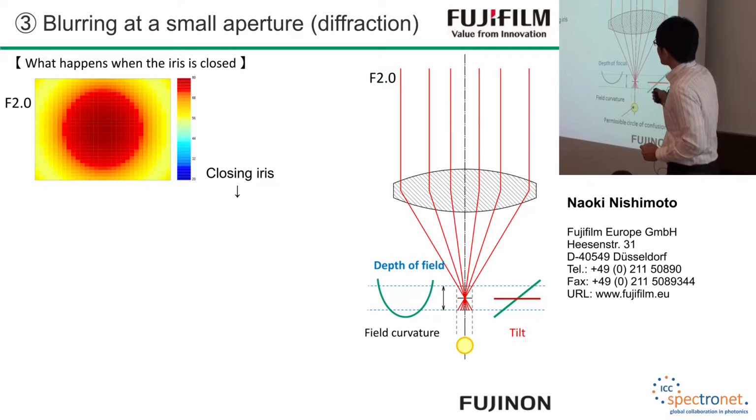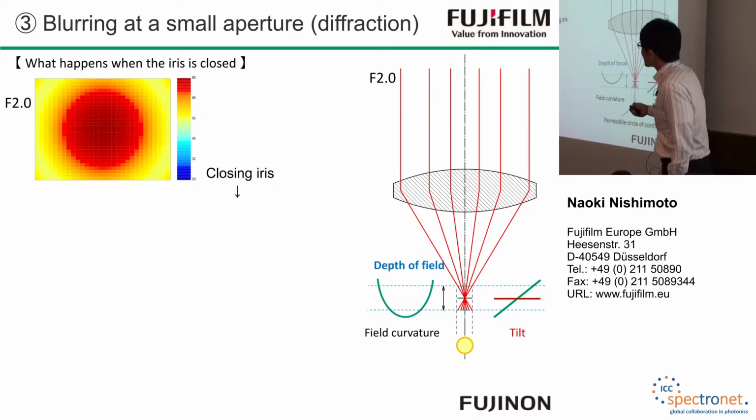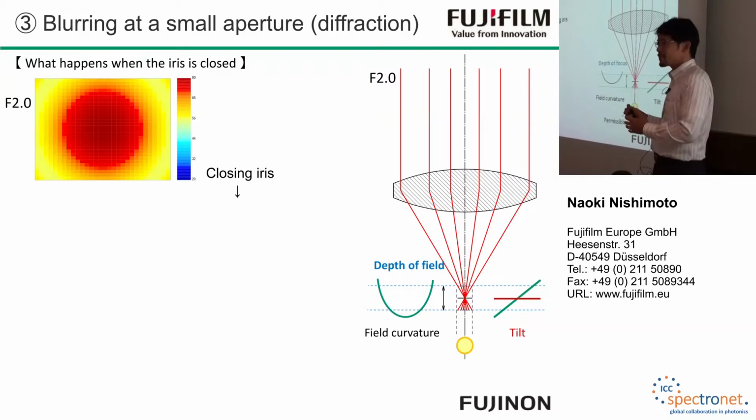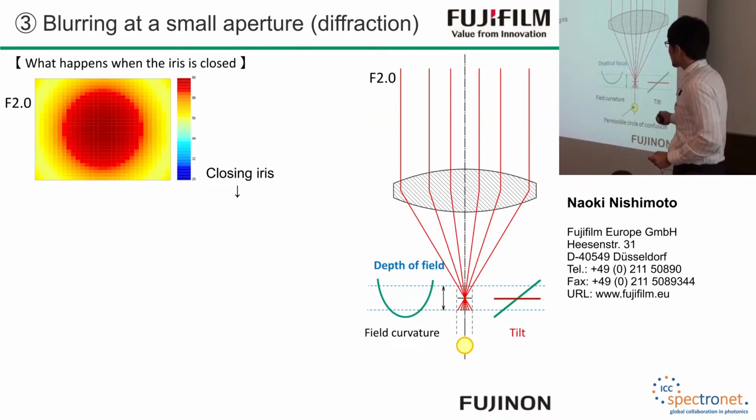Okay, now this image was simulated with one of our lenses, at F number 2. This image has field curvature and the corners are out of the depth of focus, so peripheral resolution is a bit lower than the center.